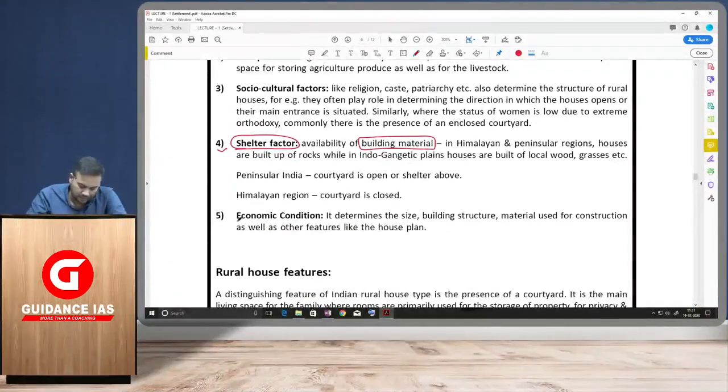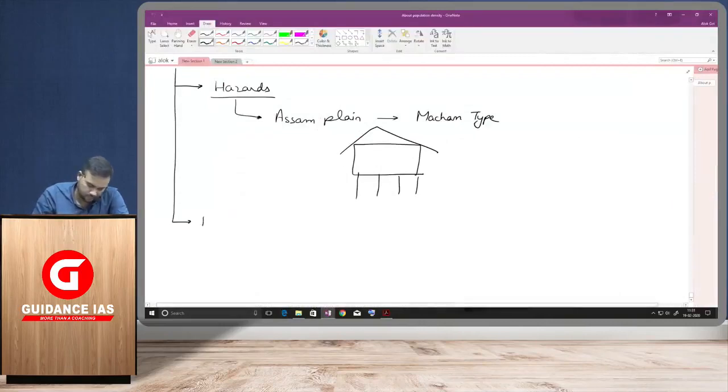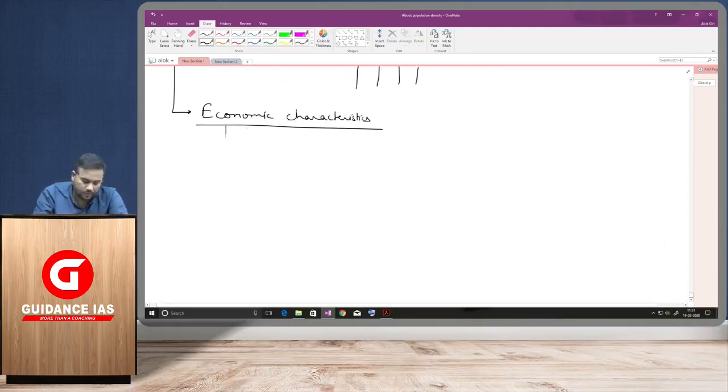Then you can understand the economic characteristics. So you can understand the economic status is in India, can I say generally poor?